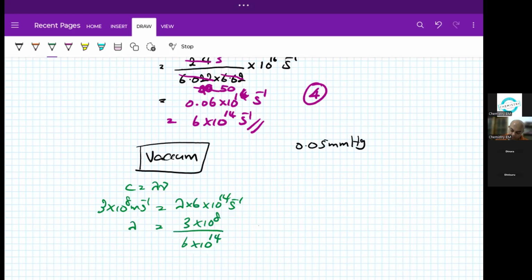So this is 0.5 into 10 to the power minus 6. We can write this down in a different form, because the answer is given in nanometers. Nanometers means 10 to the power minus 9, right? So we have to multiply it by 1000. This should be 500 into 10 to the power minus 9. So the answer is 500 nanometers. So here the answer to the 17th question should be the third one.